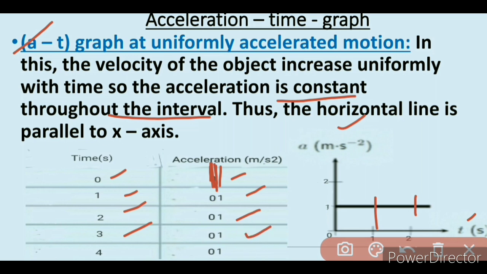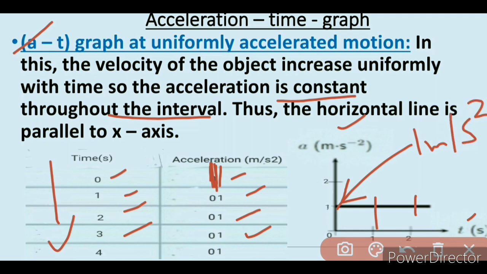So it is clearly seen that as time is increasing, the acceleration is constant throughout the interval. It doesn't change its value, so we get a horizontal line which is parallel to the x-axis.